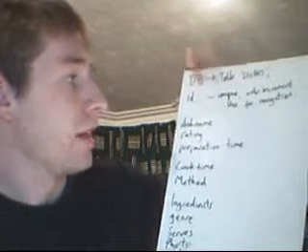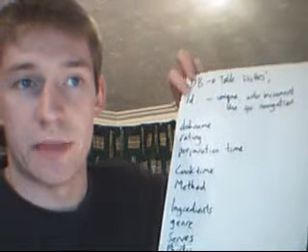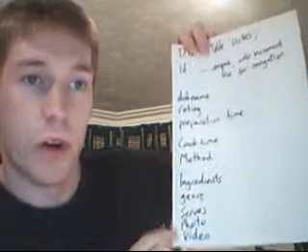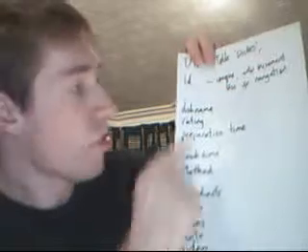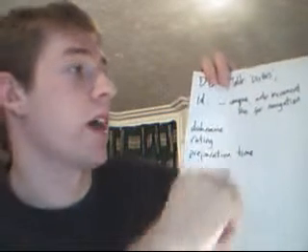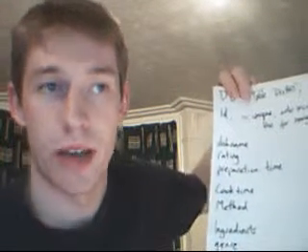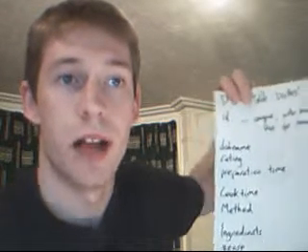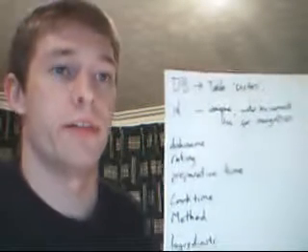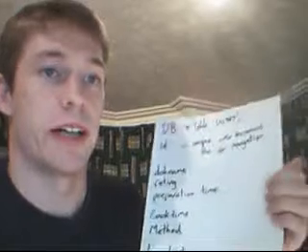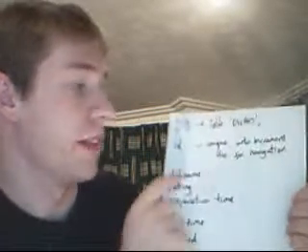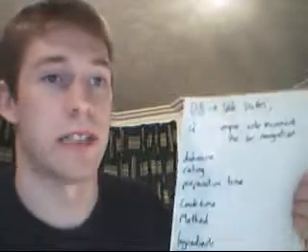Now, the ID is created by the PHP, not by the user. So the user inputs details for all of these items here, but the ID is unique. It automatically increments, so it counts up every time a new dish is put in, and we use that for the navigation of the site.